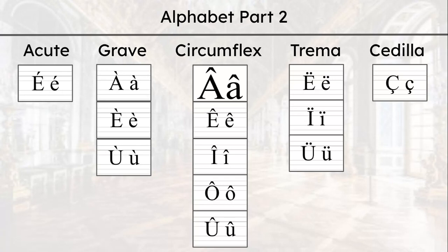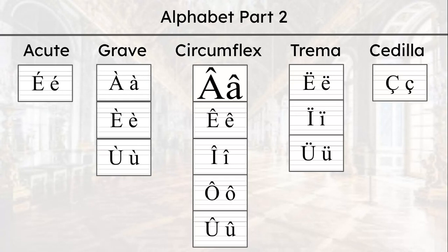The trema, also known as diaeresis, is the 2 dots above E, I, or U. That means when 2 vowels that would make a vowel combination are next to each other, but you don't want that, you put the trema on the second one.